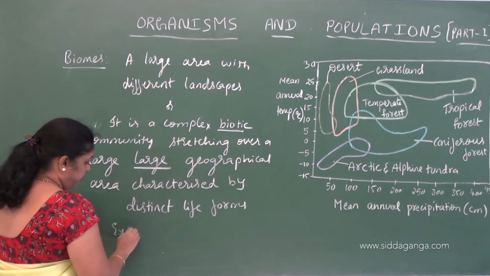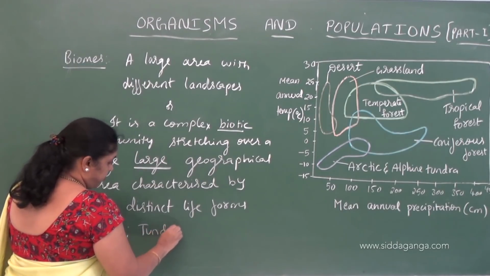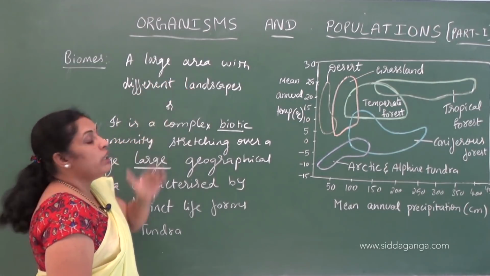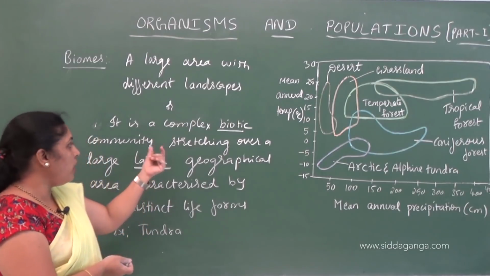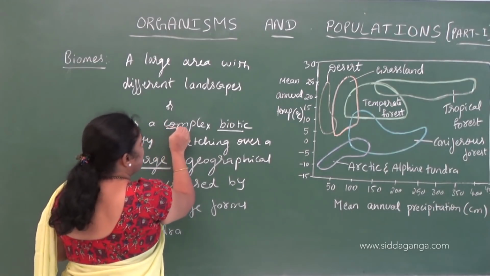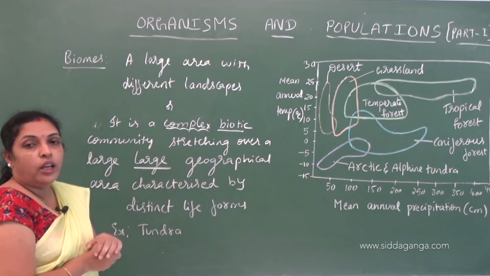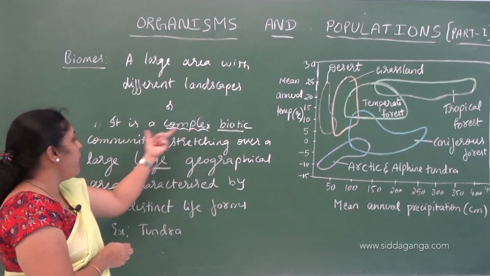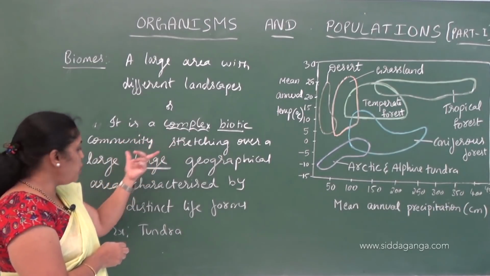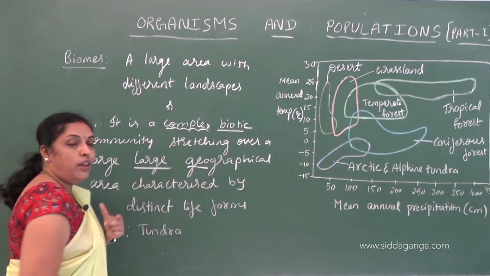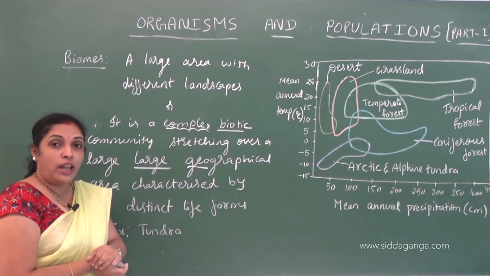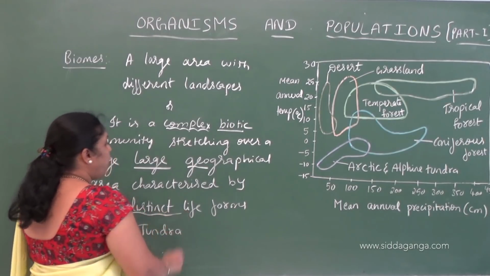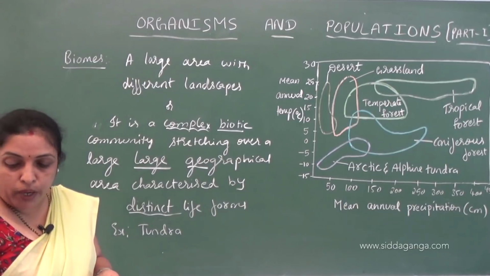So biomes, it is a large area with different landscapes, or you can define it as a complex. Complex means it is having many groups of species, many different species. So a complex biotic community stretching over a large geographical area characterized by distinct life forms is defined as biomes.